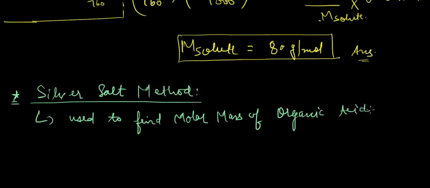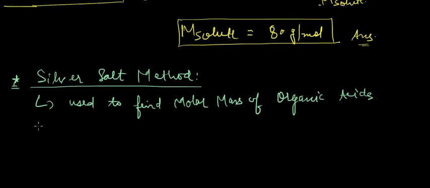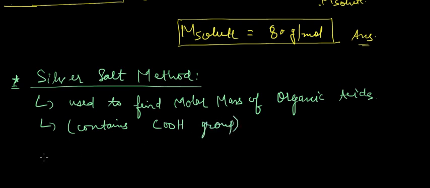These contain the C double bond O, OH group. We'll see the example and you'll understand.